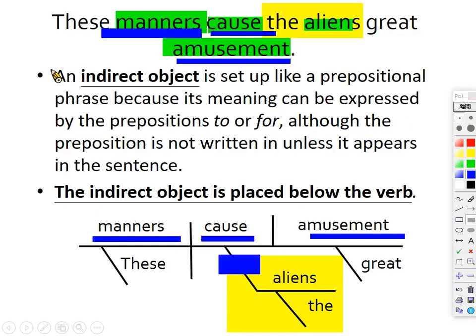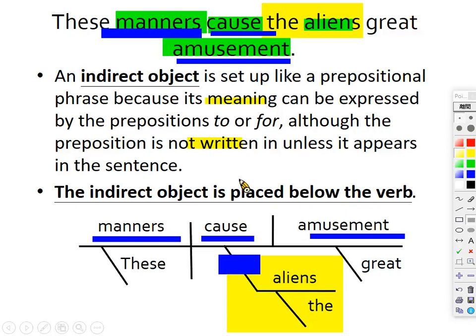So basically, look here. An indirect object is set up like a prepositional phrase because its meaning can be expressed by the preposition to or for, right? So although the preposition is not written, unless it appears in the sentence, we just omit the preposition here.